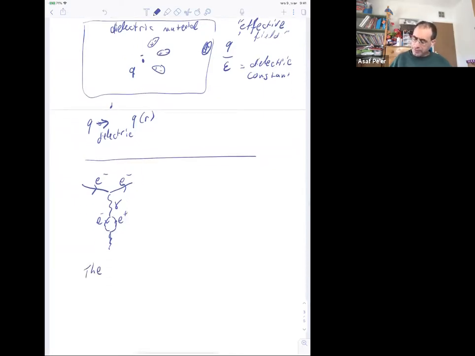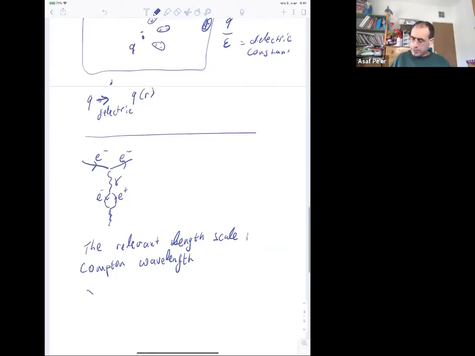So the relevant length scale is the Compton wavelength, which is lambda Compton equal to h bar over m_e c, 2.4 times 10 to the minus 12 meters. But of course, in natural units, this is simply the inverse of the mass of the electron, because h bar and c are one.